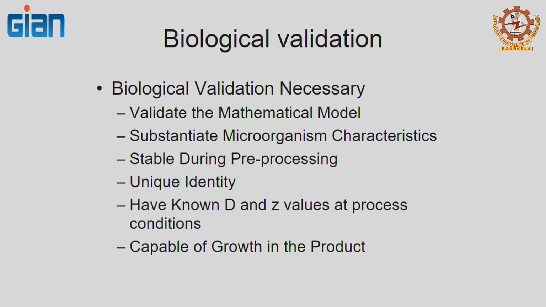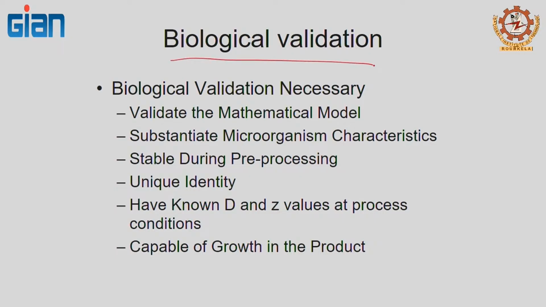The mathematical model helps the processor to see what-if scenarios. So, what if I had 5 gallons per minute, how do I process my samples? What if I increase the temperature from maybe 230 Celsius to 240 Celsius, how do my product characteristics look? There are a lot of those what-if scenarios, whereas when you are submitting to the FDA for filing to show you have a safe product, they expect biological validation.